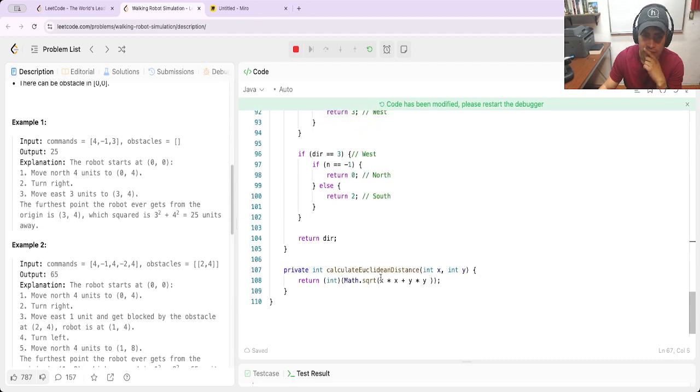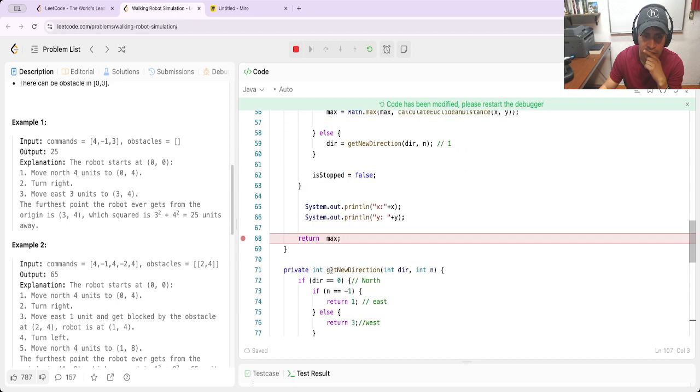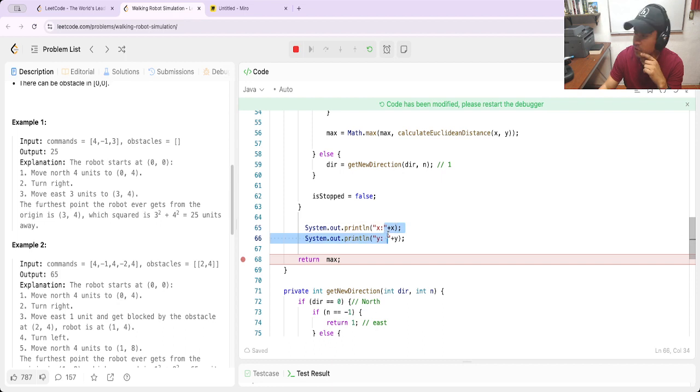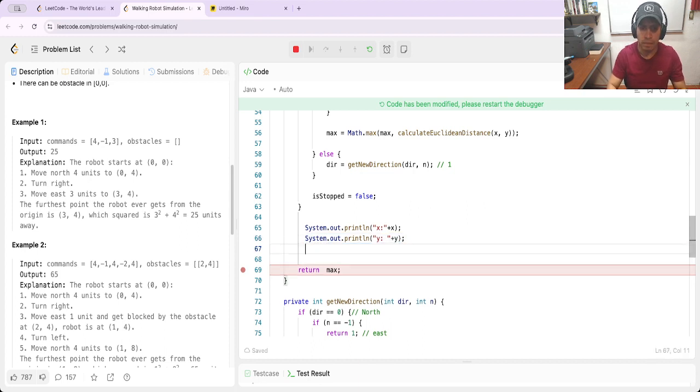I'm sure that it's for this calculus, because the directions are right. Okay, x and y.